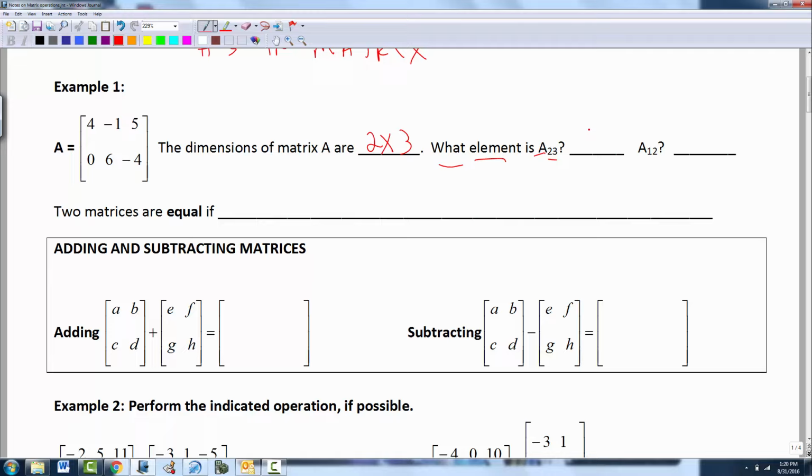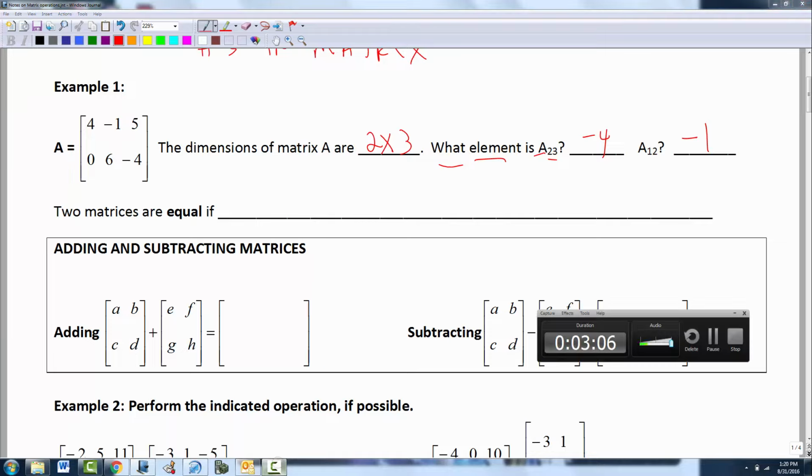I just got a bunch of different answers. It's actually -4. -4 is in row 2, column 3. So who is A12? That one's -1, because that's in row 1, column 2. So that's just how you denote where certain things are.